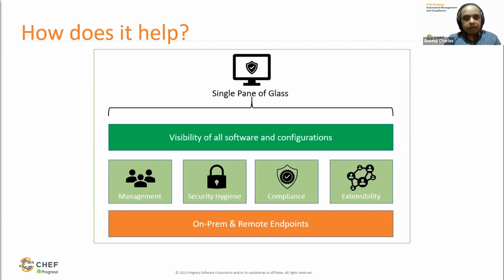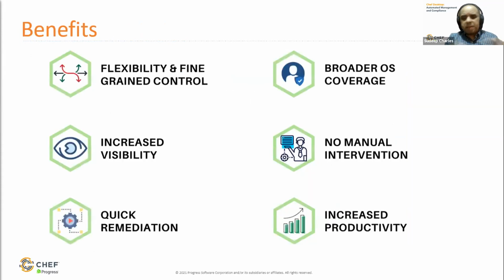So all of that is great, but the cherry on this cake essentially is that single pane of glass visibility that you get across operating systems, irrespective of the kind of clusters or the kind of fleets that you have, whether they're operating on Mac OSs or Windows systems or even Linux systems, right? You'll still be able to get a single pane of glass visibility to the entire fleet.